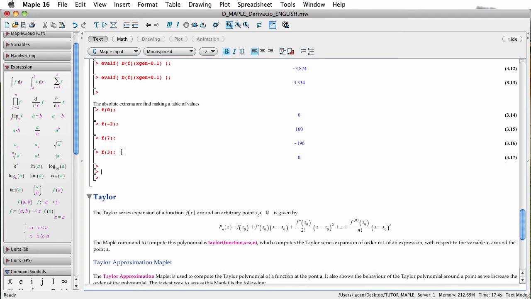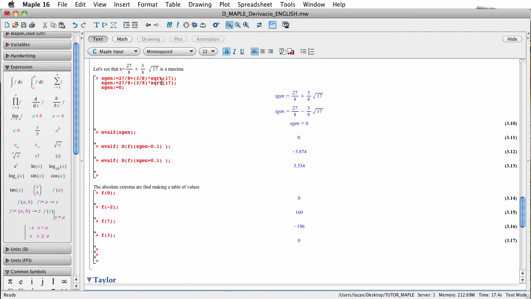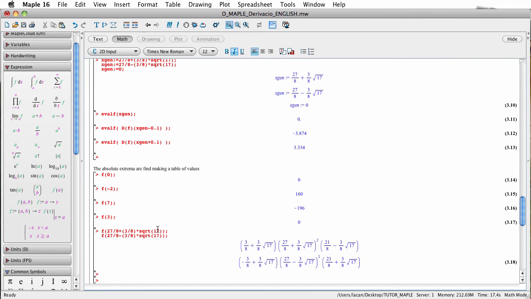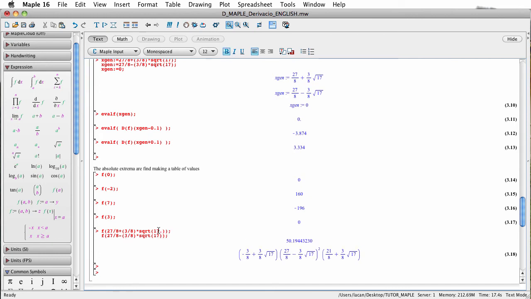What else? We need f of this point here and f of this point here, f of this point here and f of this point here, and also we need to evaluate this, so we make a point 0 or use the evalf command.